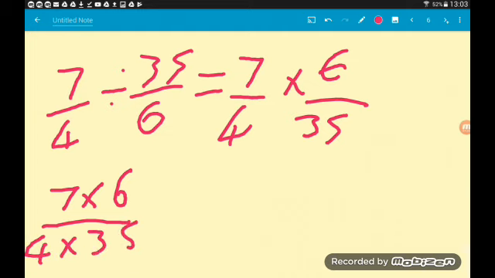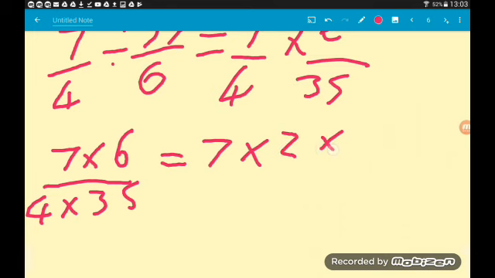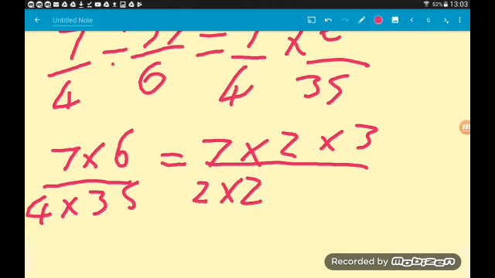So let's write that fully in terms of products of primes. 7 already is a prime number. Then we got 7 times 6, and 6 is 2 times 3. So we can go for 7 times 2 times 3 up on top. On the bottom, 4 is 2 times 2, then we got times 35, and 35 is 5 times 7.